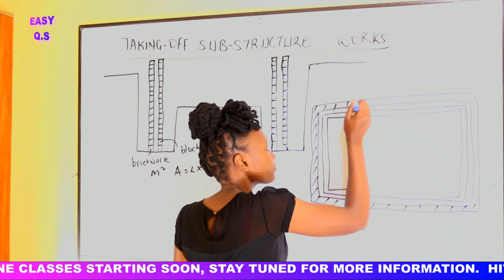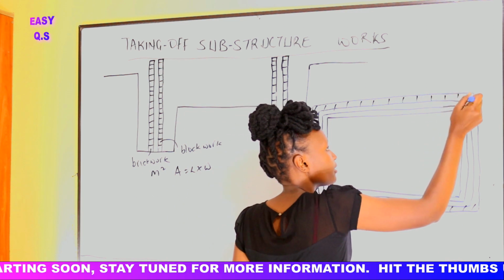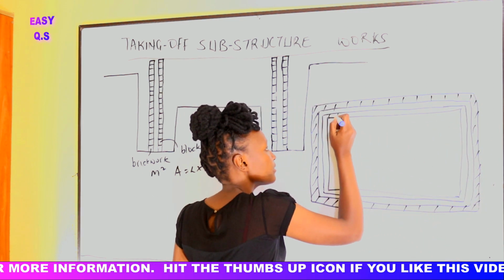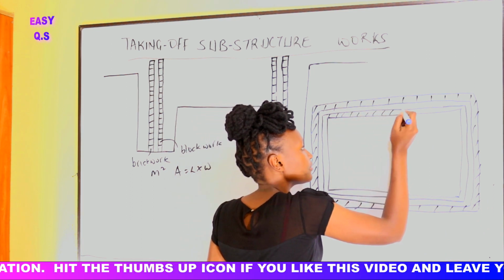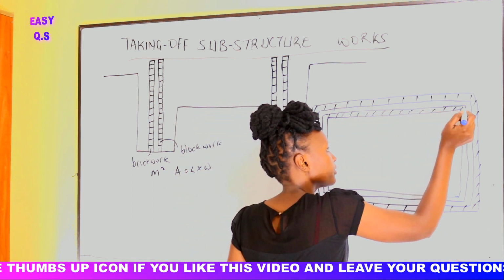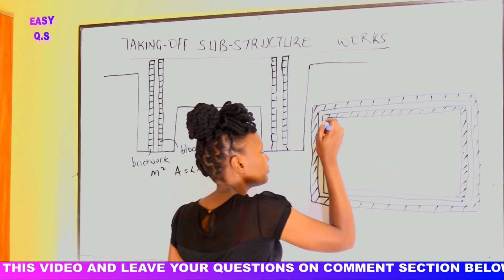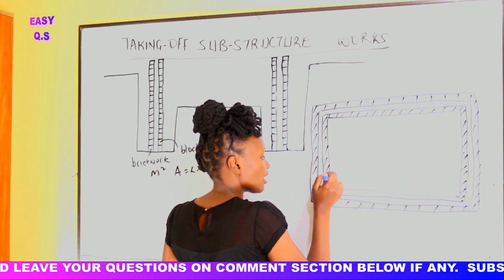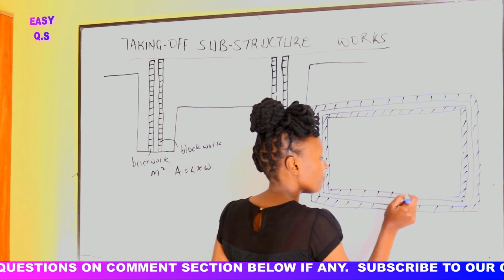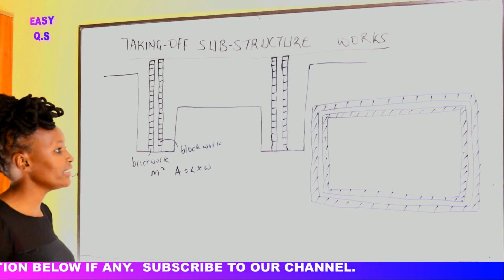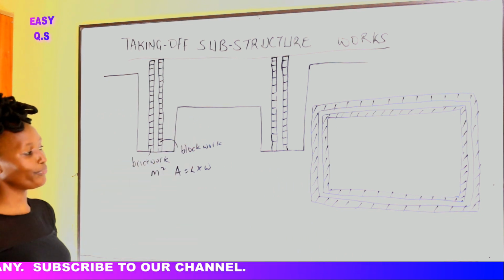Then brickwork. Then we have the blockwork inside here. Blockwork. Now that we have the brickwork and the blockwork inside the plan, that is the plan and this is the section.